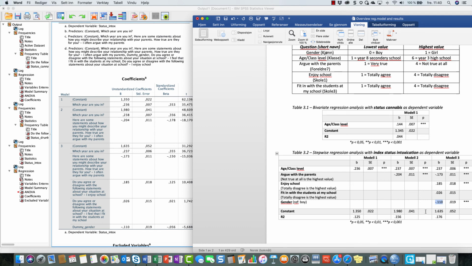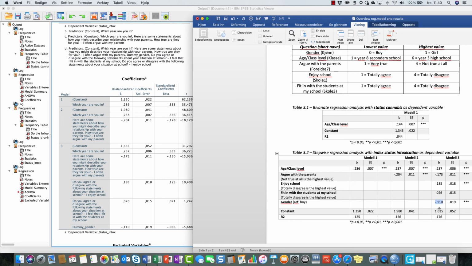Going one scale unit up on gender, going from 0 to 1, reduces the value on index status intoxication by 0.11 scale units, which is then the mean difference between boys and girls.